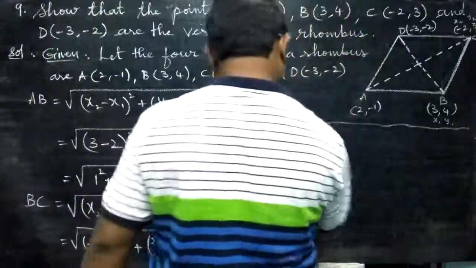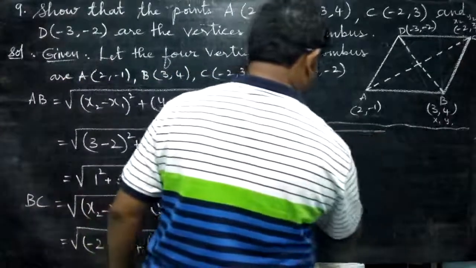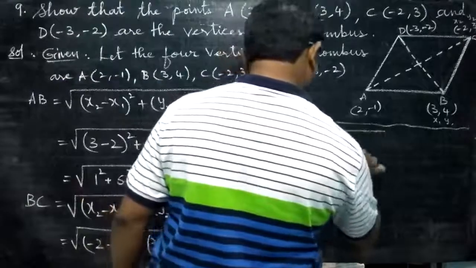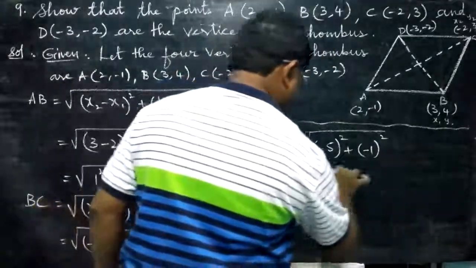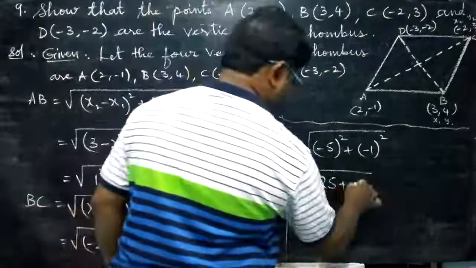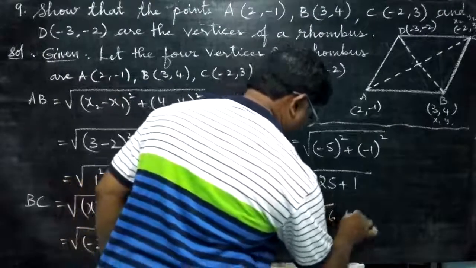That is equal to the square root of (-5) whole square plus (3 minus -4, that is -1) whole square. Minus into minus plus, 5 5s are 25, plus 1 1s are 1. That is equal to root 26 units.